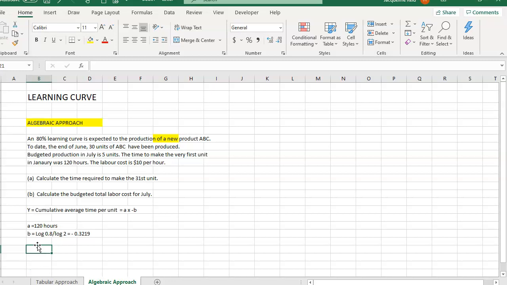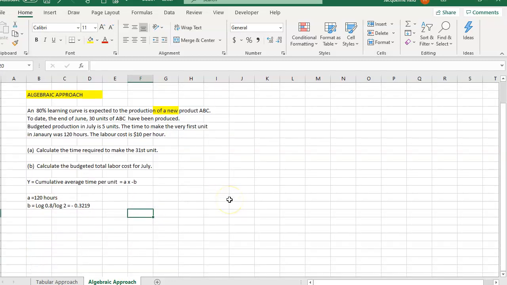Now, I'm going to draw 2 bands of color. And I'm going to see if I can use this to illustrate how we use the algebraic approach. Now let us look at question A. Question A says, calculate the time required for the 31st unit.